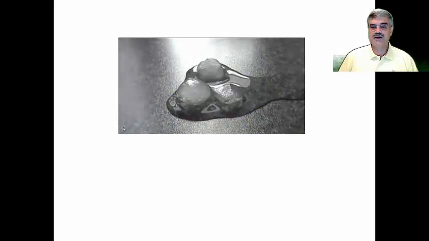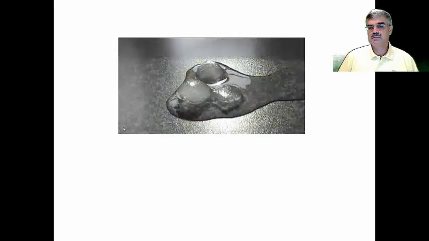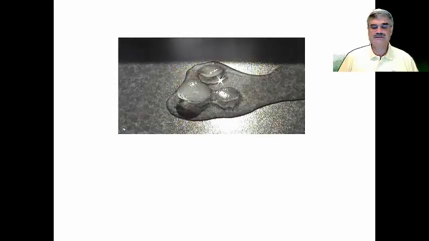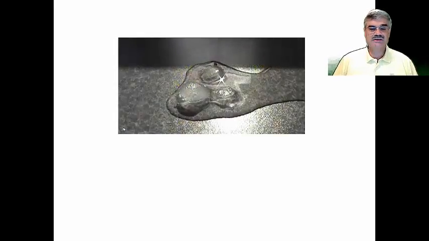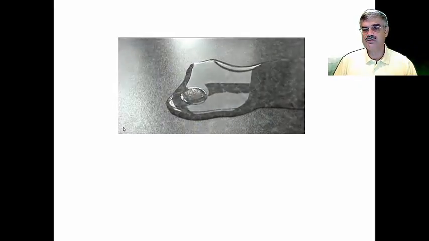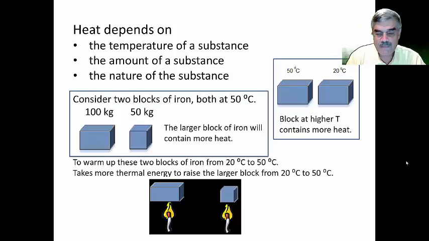We see this all the time, and this is an example of how heat flows from the counter or from the air in the atmosphere to the ice cubes, melting the ice cubes. It's just the world around us. The question is, why? Why does that heat flow, and what are the consequences?